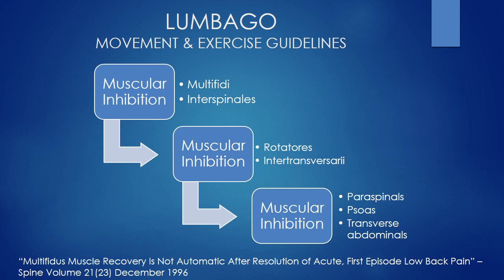And the hypothesis and the conclusion of this study is that multifidus muscle recovery is not automatic, even after the resolution of the pain in those cases involving acute first episode lower back pain. In other words, once the pain goes away, does not mean that the patient is well.